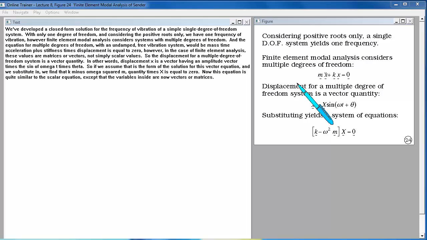In other words, displacement x is a vector having an amplitude vector times the sine of omega t plus theta. So if we assume that is the form of the solution for this vector equation and we substitute in, we find that k minus omega squared m, quantity times x, is equal to 0. Now this equation is quite similar to the scalar equation, except that the variables inside are now vectors or matrices.